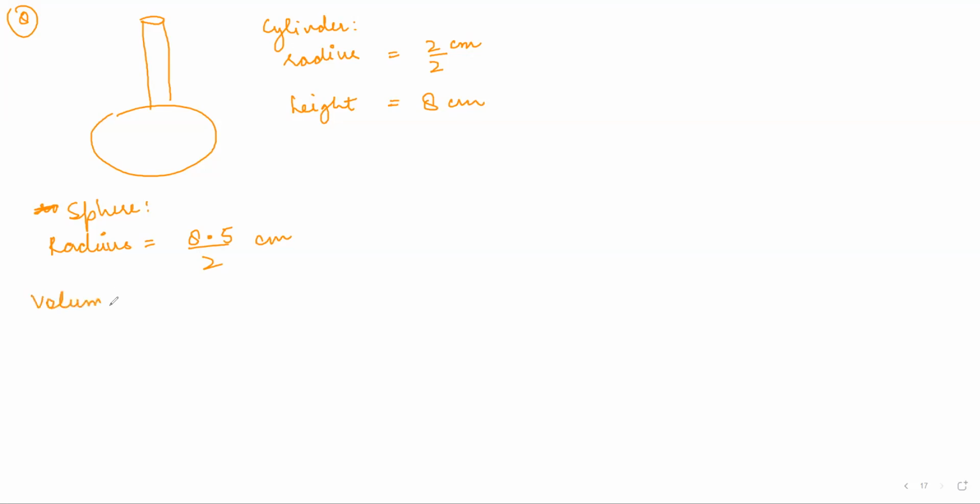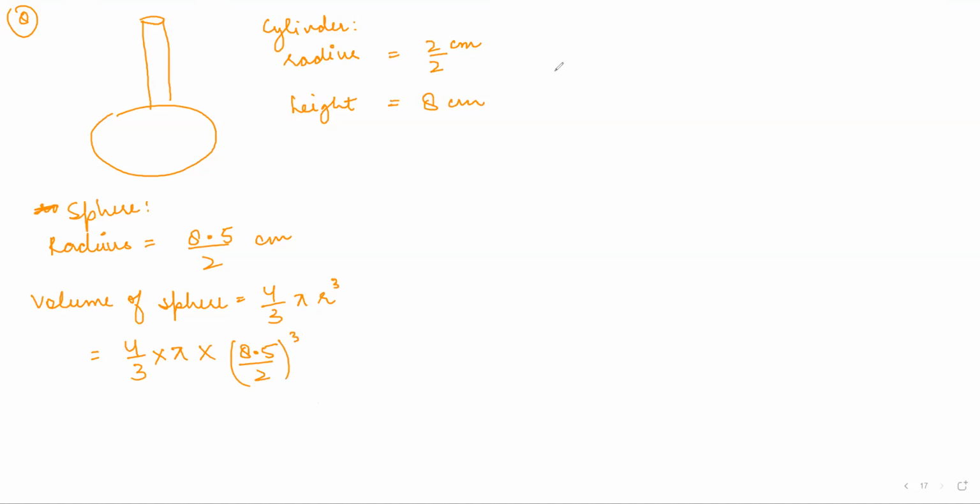Let us find the volume of sphere, which is 4 by 3 pi r cube, right? So 4 by 3 into pi, radius is 8.5 divided by 2 whole cube.